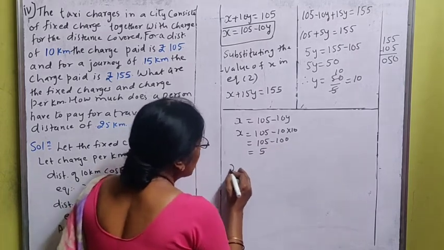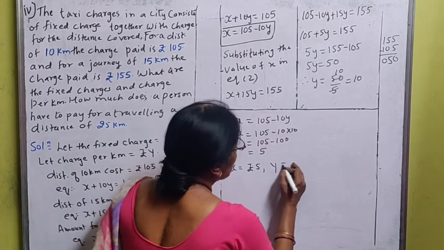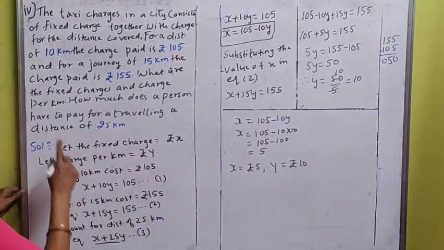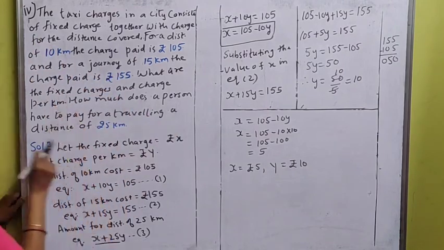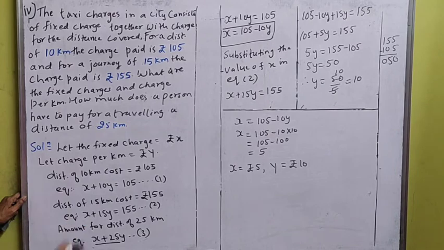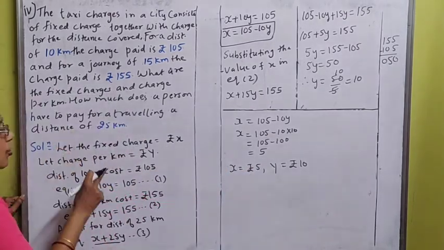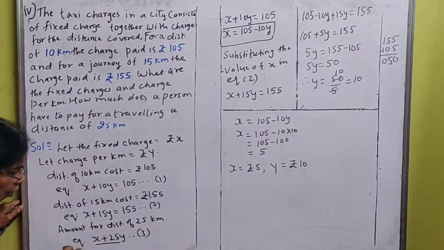That means I got X is equal to rupees 5 and Y is equal to rupees 10. The fixed charge, which we took as X, is rupees 5 and the charge per kilometer is rupees 10. Now it tells us to find out the charge if it travels 25 kilometers.